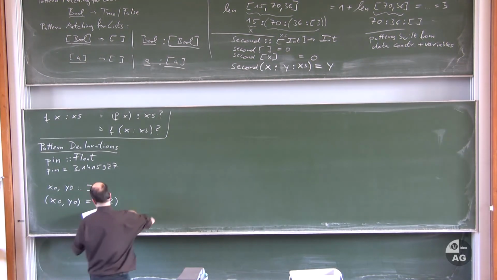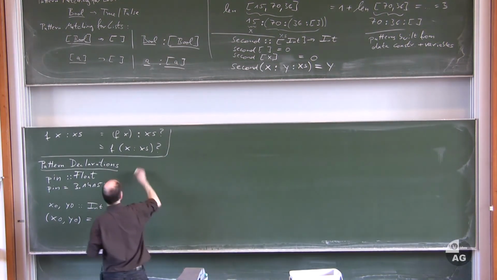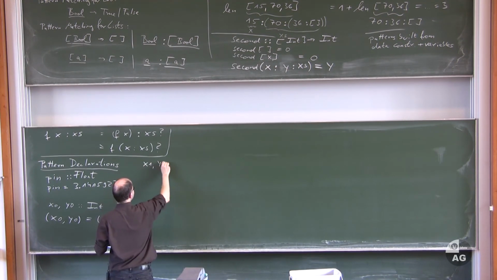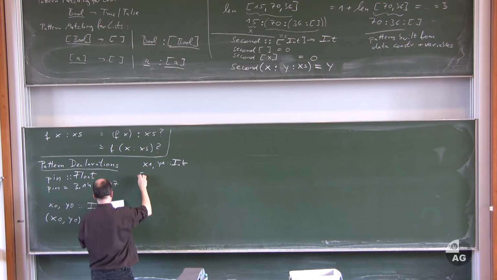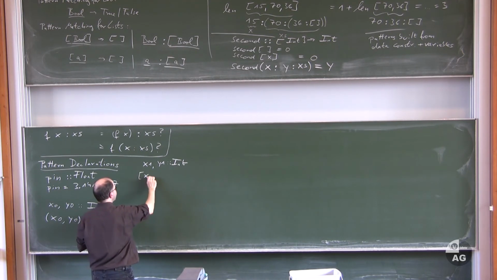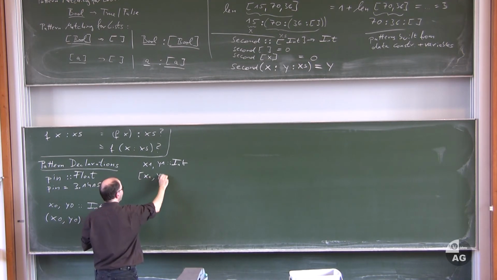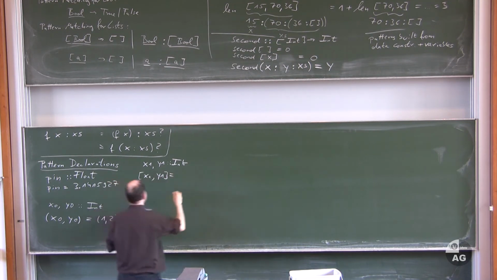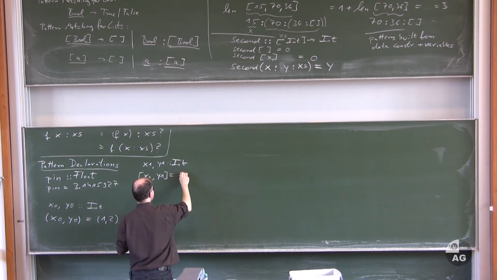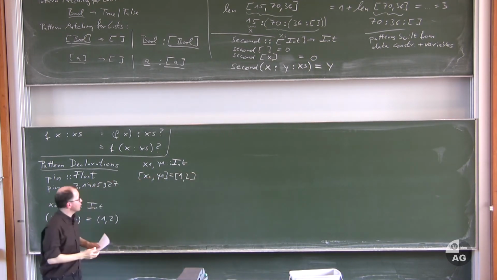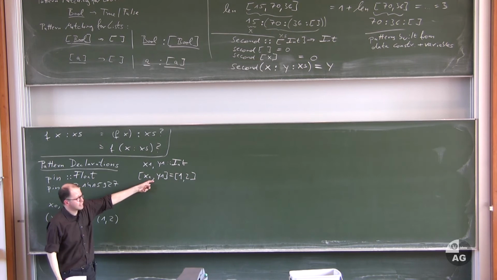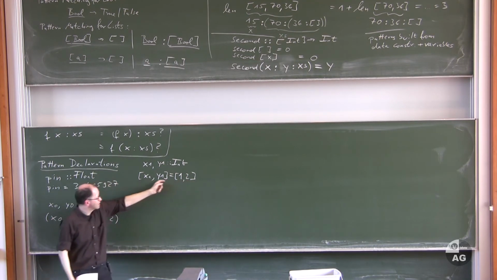And, well, we can also do declarations like this. We could also say x1 and y1 are both integers. And x1, comma, y1. This is the list 1, 2. So this would also have the effect that this list is now considered to be this list. And this is, again, a pattern.